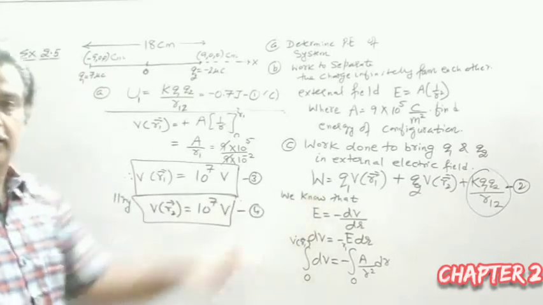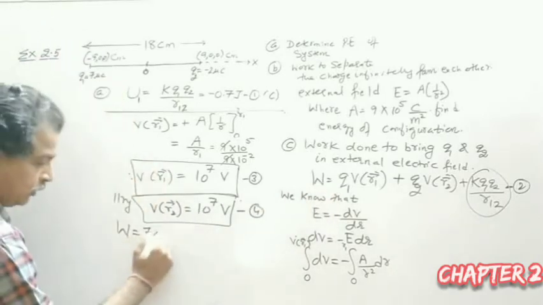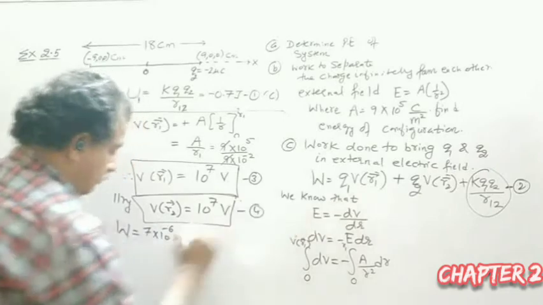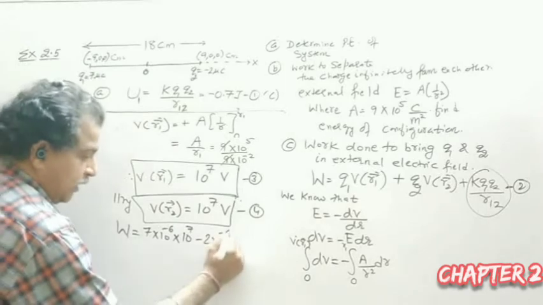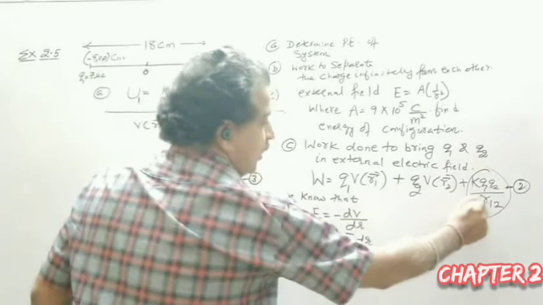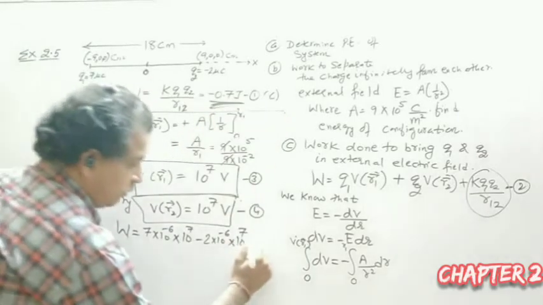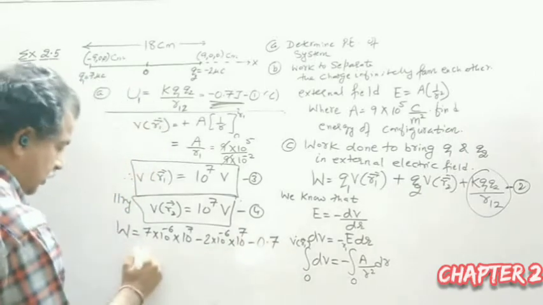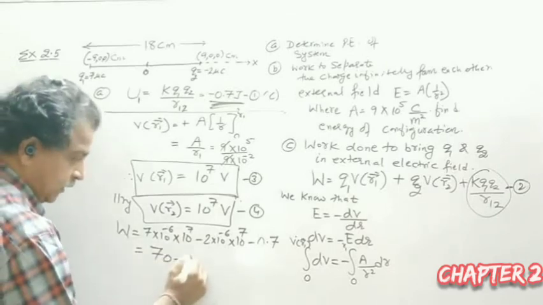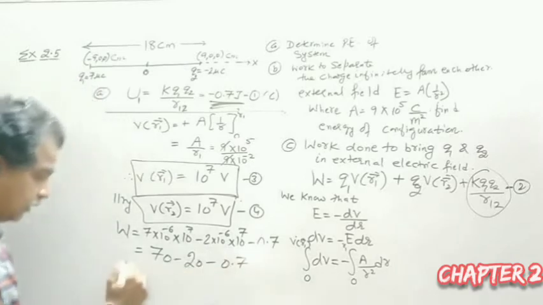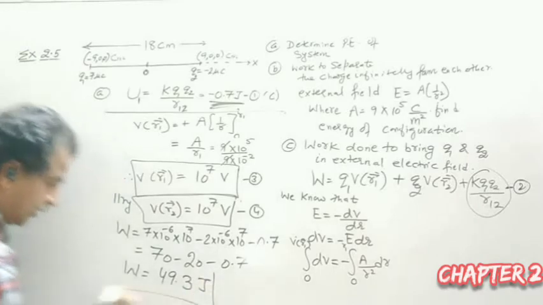So total work done is equal to Q1, that is 7 micro, so 7 into 10 raised to minus 6 into VR1, 10 raised to 7, minus sign for Q2, 2 into 10 raised to minus 6 into 10 raised to 7, and the work done to make the configuration of Q1 and Q2, that is from equation number 1, minus 0.7 joule. So this is equal to minus 6 plus 7, that is plus 1, 70 minus 20 minus 0.7. So total work done is equal to 50 minus this, that is 49.3 joule.